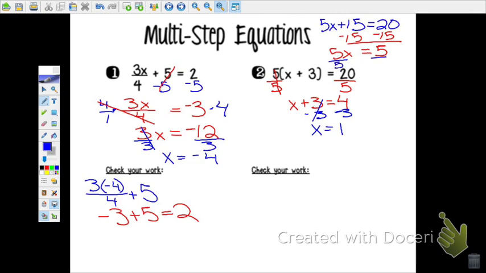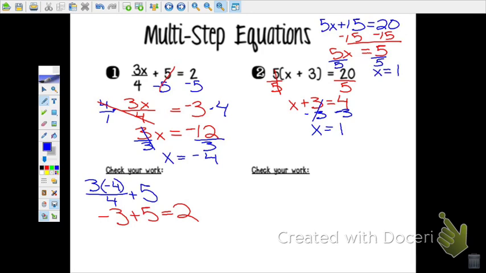Divide both sides by 5 and find that x is equal to 1. So you can see either way you are going to get the same answer. This particular problem, it worked out easy to divide both sides by 5 because of the number on the right side. We got a whole number.